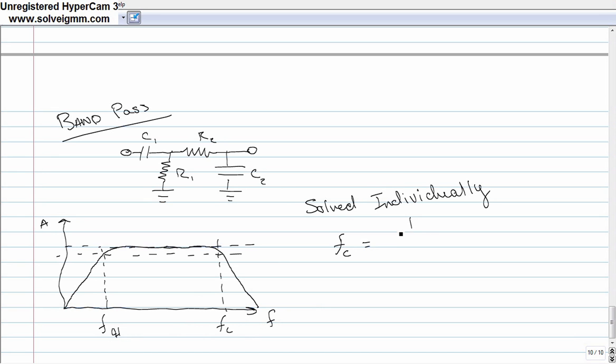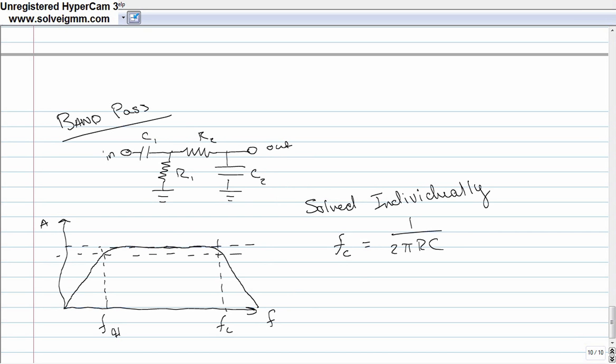FC equals 1 over 2 pi RC. And then you know how to solve for the slope. I'm not going to write that equation again. You know it, and you know how to solve for what this gain is here. Each filter is treated individually. It's just going through the high-pass filter, and then that signal's passed through the low-pass filter, and then that's what you get out. In and out. Easy peasy.